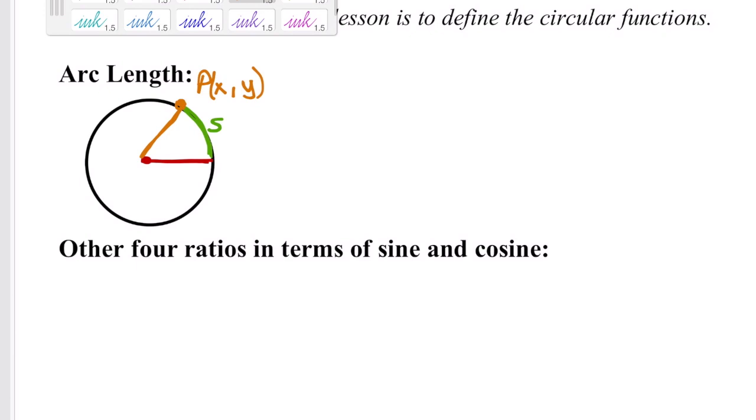If we have a point (x, y) that is the endpoint of that arc, then sine of s is equal to y and cosine of s is equal to x, something we've already talked about.